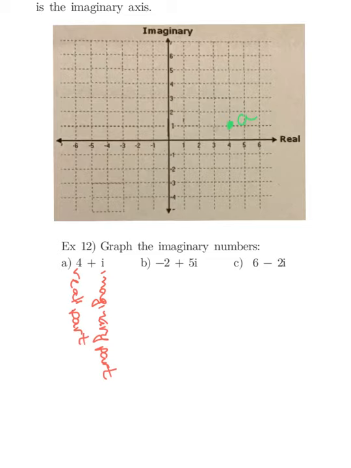The imaginary part is 5i, so we'll go up 5. For point C, we're going to go right 6 and down 2. It's important to know where complex numbers lie because we are going to be converting between trigonometric numbers and complex numbers. And so you have to know what quadrant the numbers lie in.